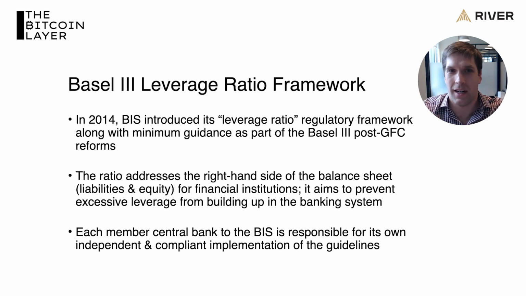It's the base layer of how economic participants can come in and interact with the network, if you will. The BIS is the same thing, and the Basel III Accords you could think about as the consensus protocol across the global mesh network of central banks.